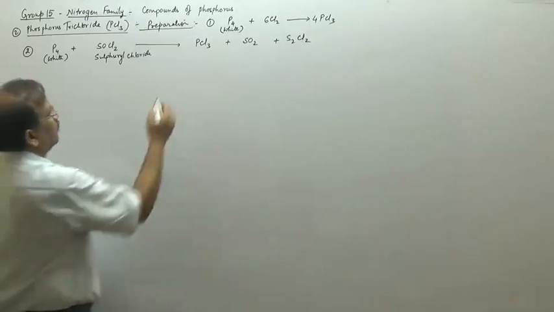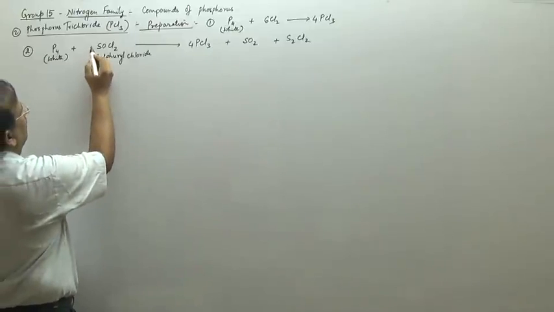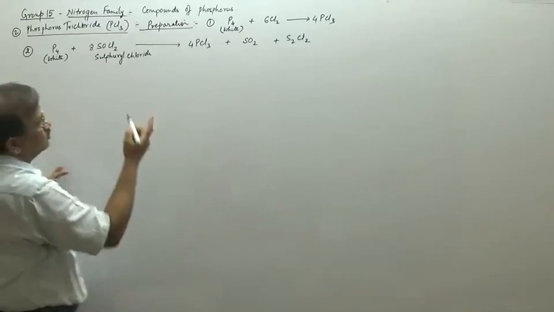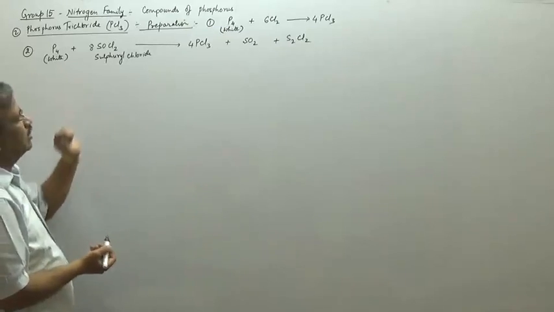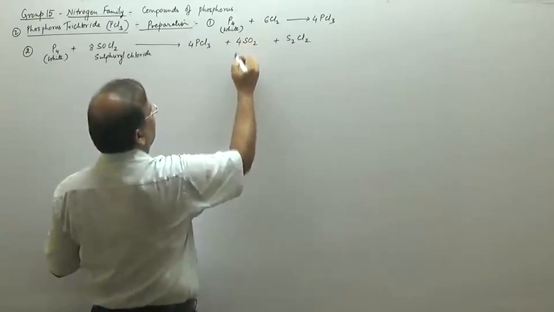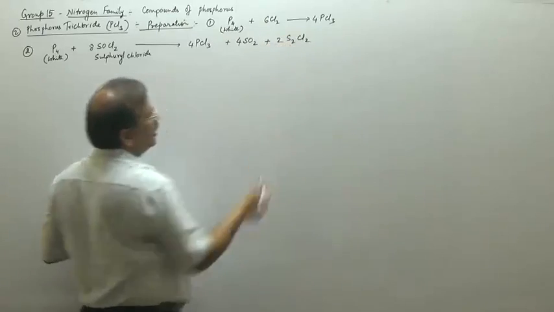So that is how we are able to write the product of the reaction. I require the Cl there also, so I'll write this as 8 SOCl2, then I'll get 4 SO2, and twice of this, 2 S2Cl2, is formed. So this is how I got the reaction.